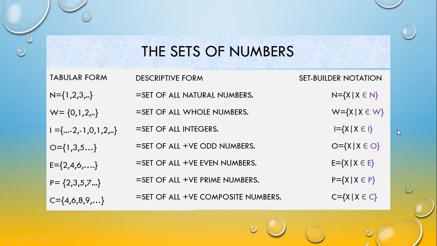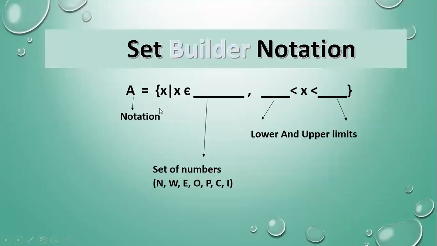Now let's discuss the set builder notation rule. The rule of writing a set in set builder notation is, first we mention the notation, that is equal to curly brackets open and close, and inside, x such that x belongs to.